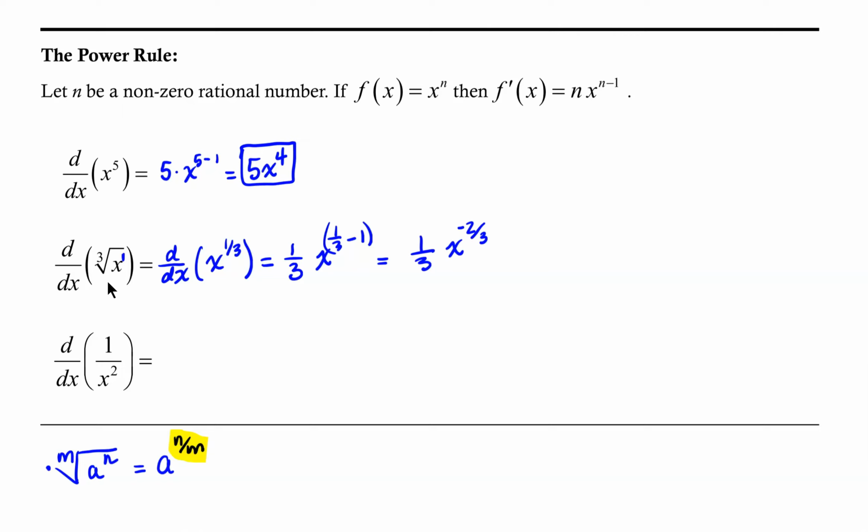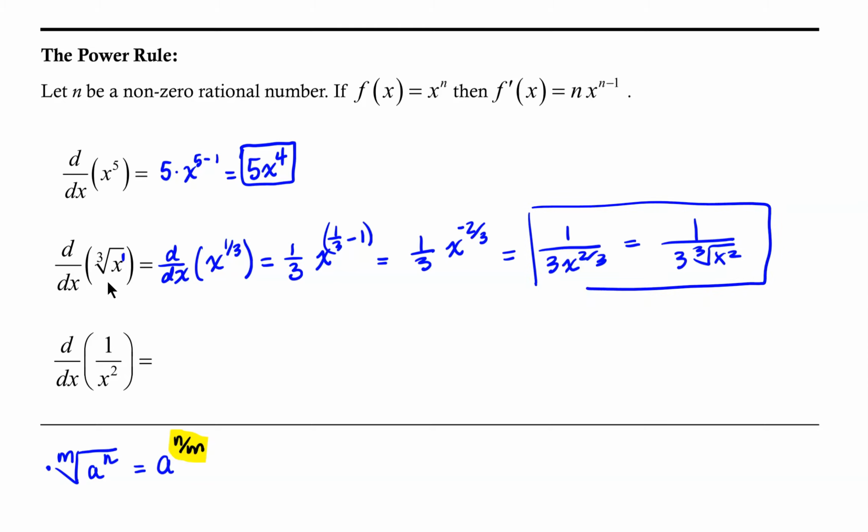And then we could continue to simplify that a little bit and write this as 1 over 3 times x to the 2/3 power. And that's probably sufficient. You could additionally write it as 1 over 3 times the cube root of x squared, either one of those would be sufficient.